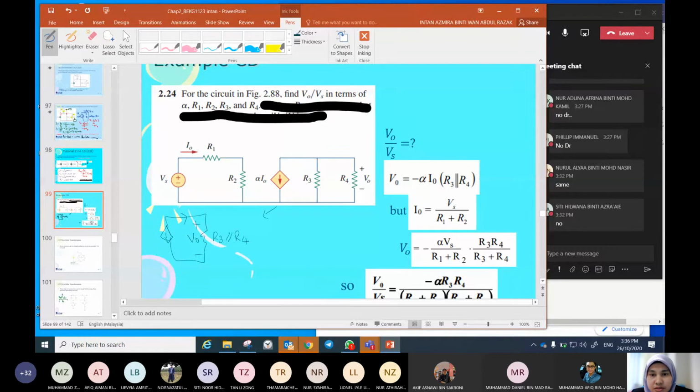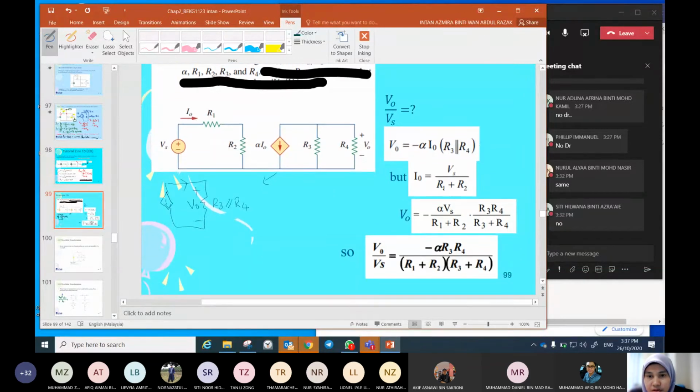Just substitute Vs divided with R1 plus R2, and then we have R3 parallel with R4. This R3 parallel with R4, we get R3 R4 divided with R3 plus R4, and then we expand it, multiply and so on, and we get this.